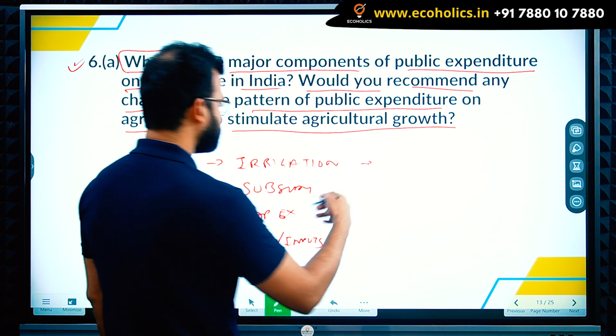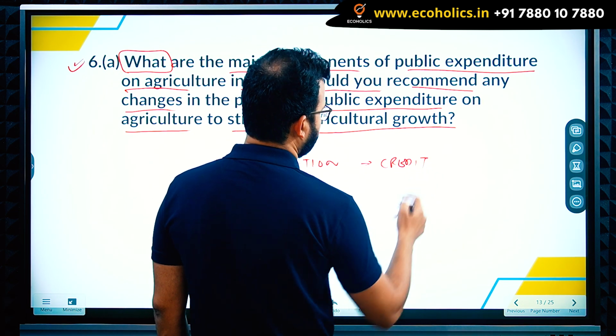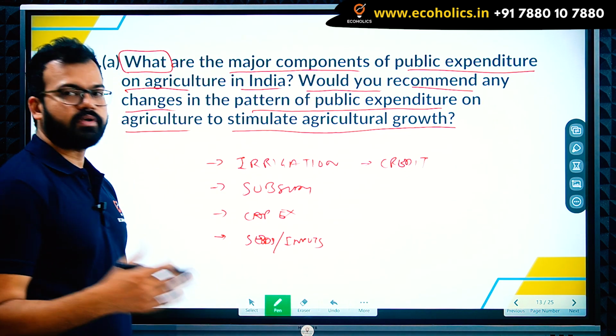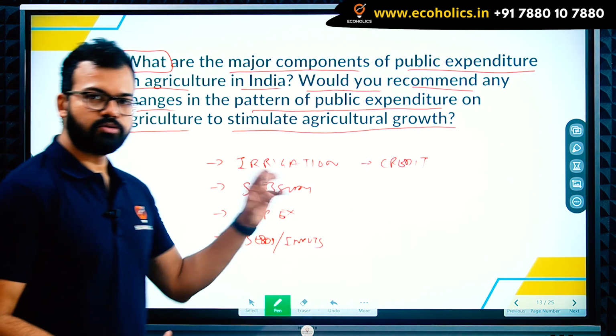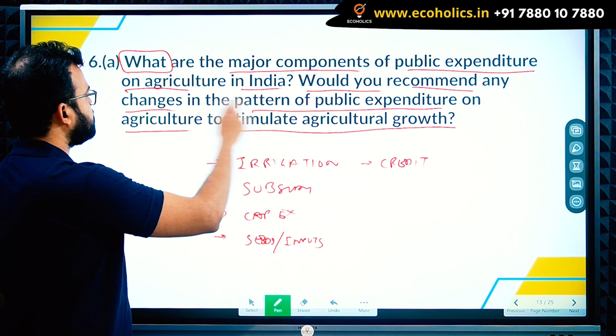Then the government also spends on providing credit, like the interest subvention scheme, where you get the loan at a reduced interest rate. So these are the major components of expenditure.